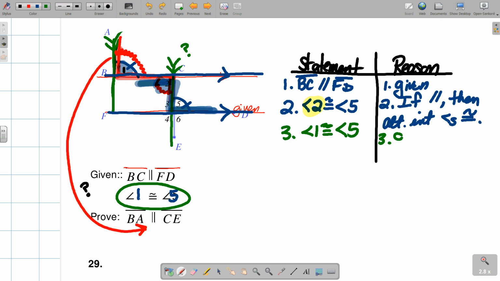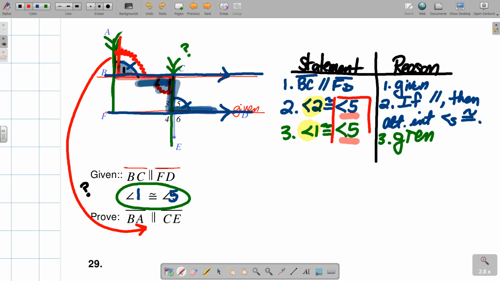The reason is it's given. Look, there's a pattern here. Look very carefully. You notice that both angles 1 and 2 are now congruent to 5. That means angle 5 is like a connector, a transfer point for congruence.